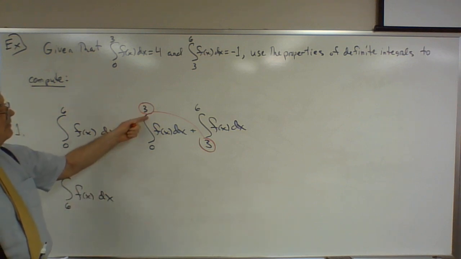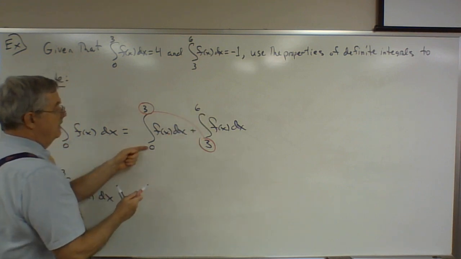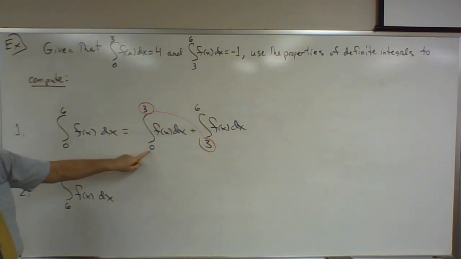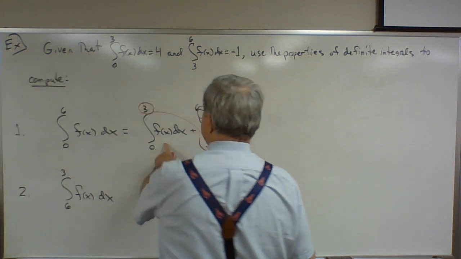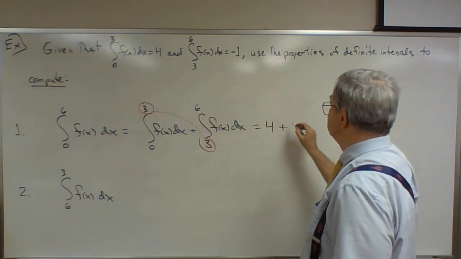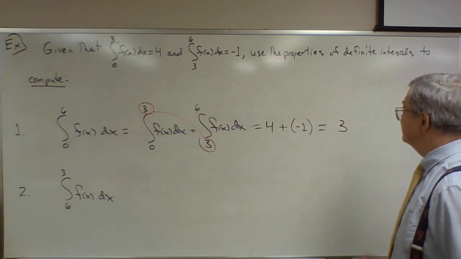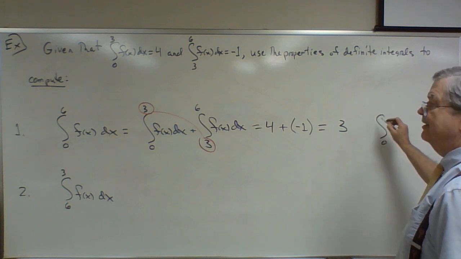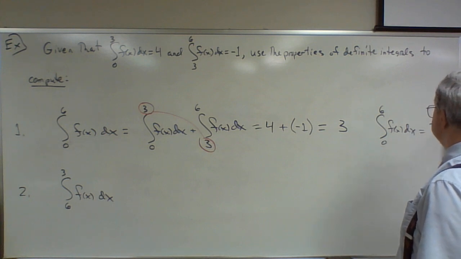It's like we chop off the top of this one and the bottom of this one, and we take the top half of this and put it on the bottom half of this. We get the integral from 0 to 6 f of x dx. Oh my, tell me it wasn't that easy. Oh, but it is. Integral from 0 to 3 is 4. The integral from 3 to 6 is negative 1. And that gives us 3. The integral from 0 to 6 of f of x dx is equal to 3.